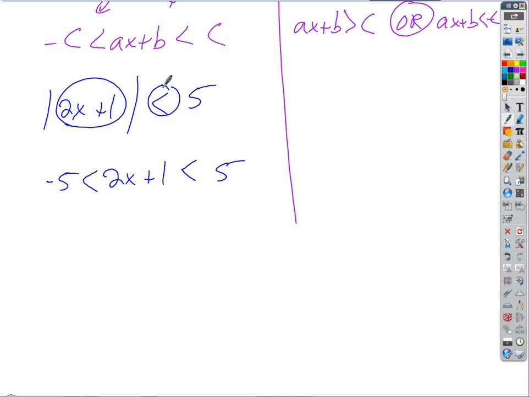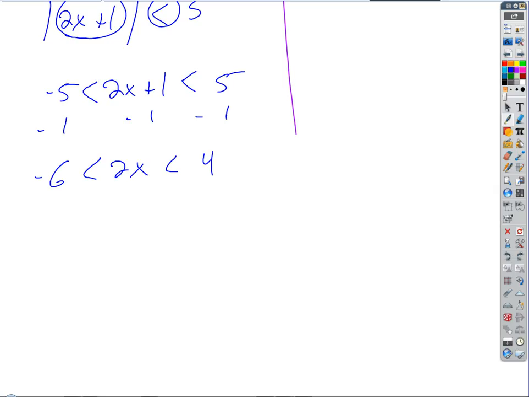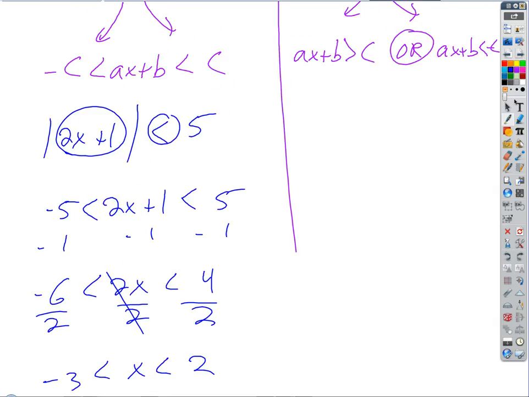What are the steps I'd go through to solve for x? Subtract 1 from everything. That's going to give me negative 6, 2x, and 4. And now what? Divide by 2. And I get negative 3, x, and 2. That's my answer.